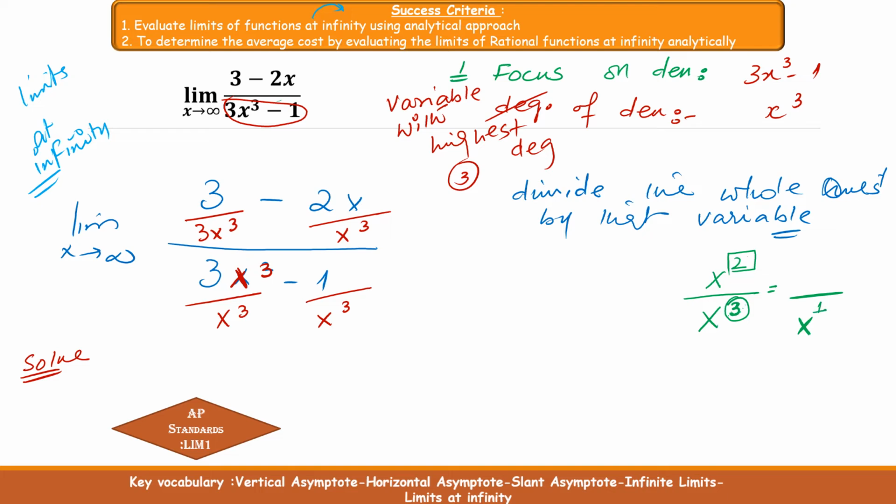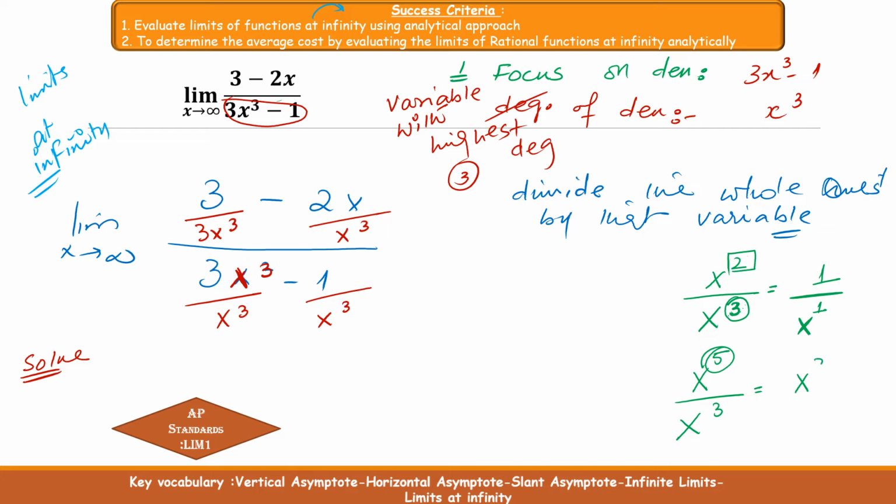On the top, nothing is left, so it will be 1. Now suppose I have x to the power 5 up and x to the power 3 down. Where is the highest power? The 5, right? So your answer will be on the top, because the x with the highest degree, 5, is in the numerator.